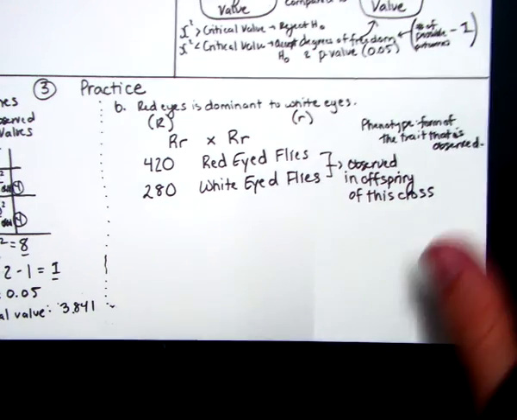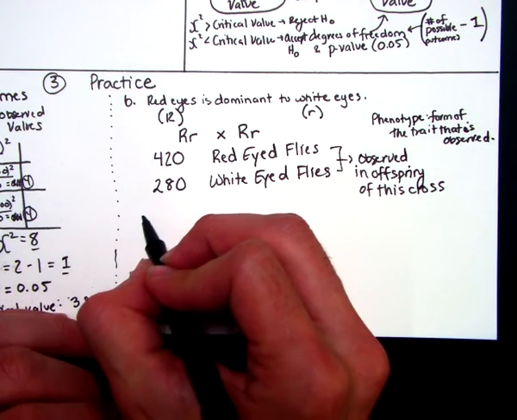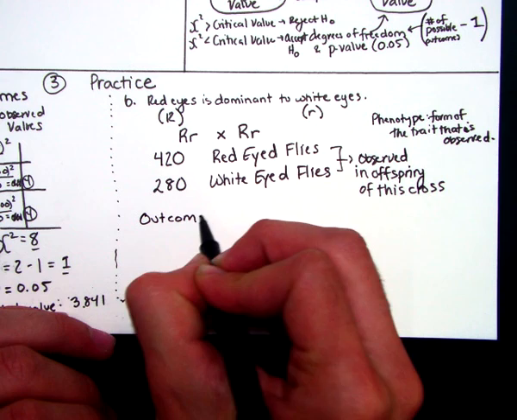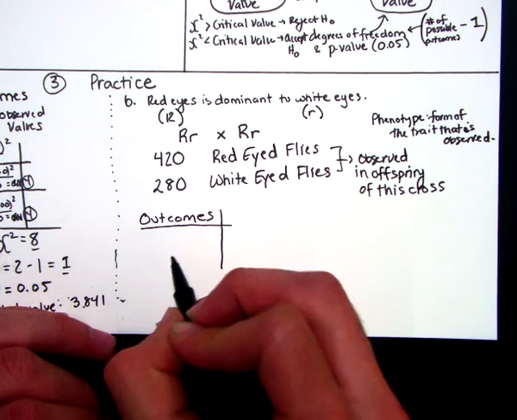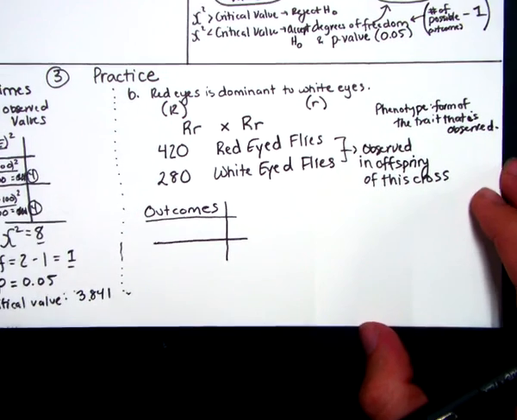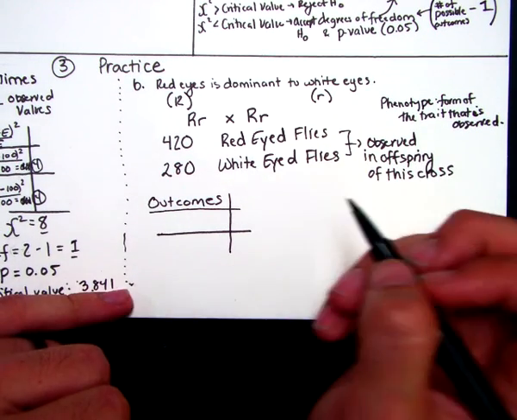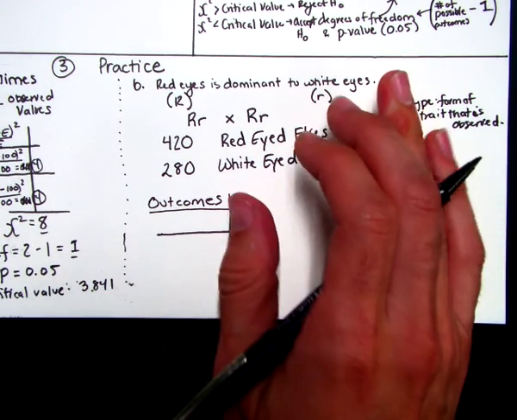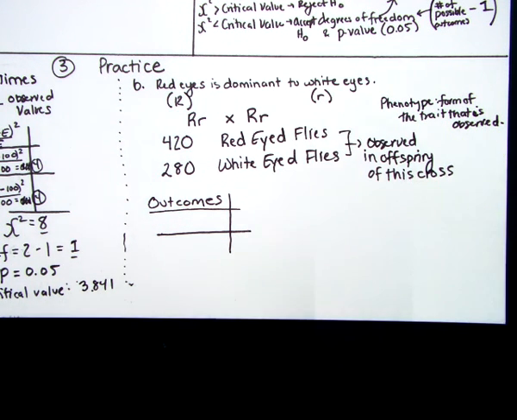So, with that in mind, we're going to do the same thing. So my outcomes. Kevin, how many possible outcomes are there for this scenario? 700? 1,200?